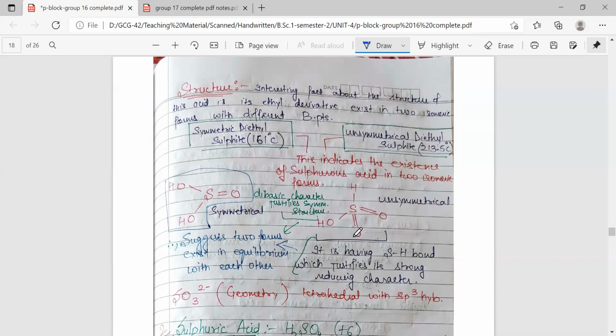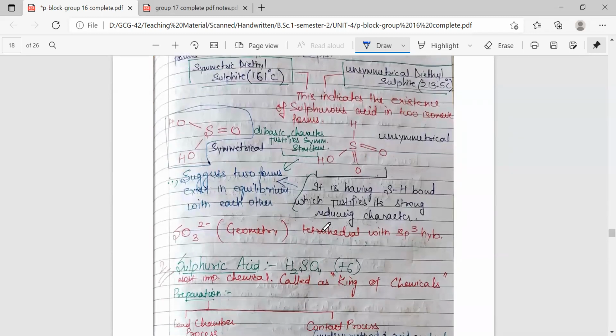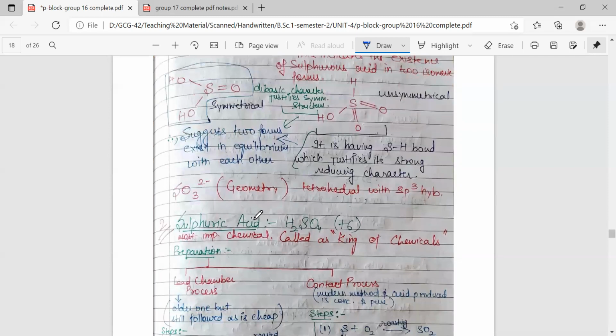Because of the presence of this SH bond, it has reducing properties, because the SH bond will release hydrogen, which is going to reduce other reactants with which it is reacting. So the geometry is going to be tetrahedral, as it is SO3 2 negative, so sp3 hybridization is going to be there. So the structure has two types, that is symmetrical and unsymmetrical form.